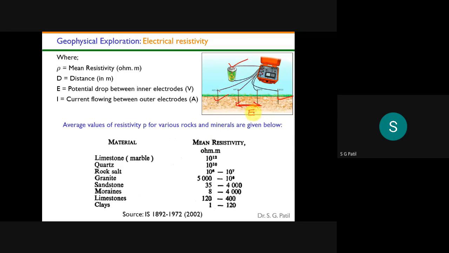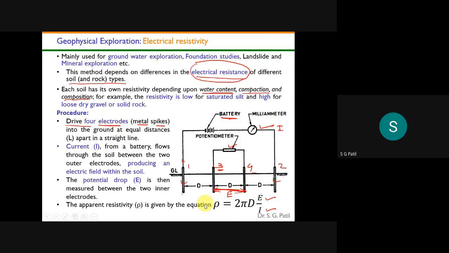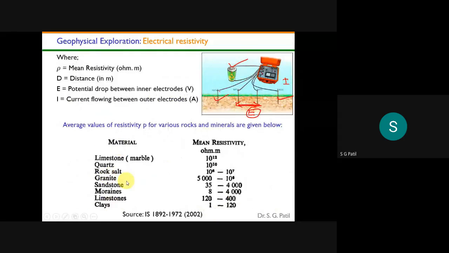Once you measure the potential drop and the current, use this formula and calculate the resistivity. Once you get the resistivity, you check with this table, and based on that you can tell the type of soil present below the ground.